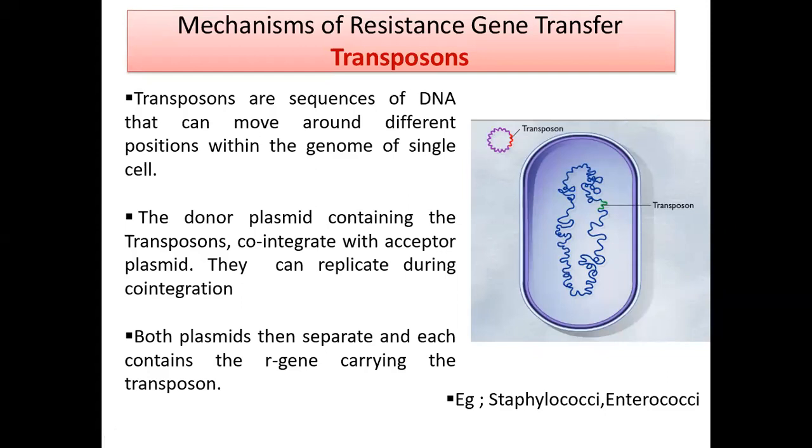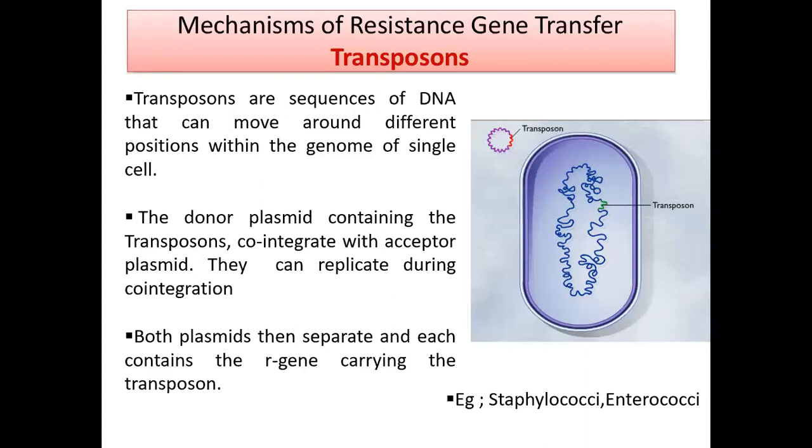Those DNA, or that part of the genetic material, is called a transposon, right? Here you can see the red part can jump to somewhere else, and the green part can jump to somewhere else. So transposons are sequences of DNA that can move around different positions within the genome of a single cell.